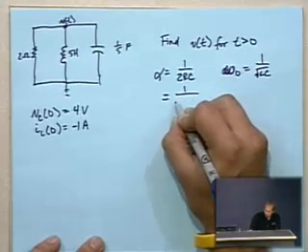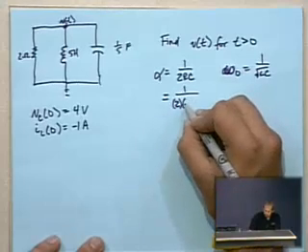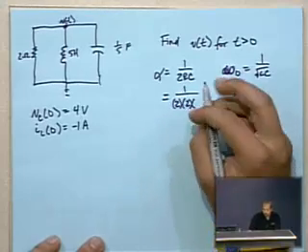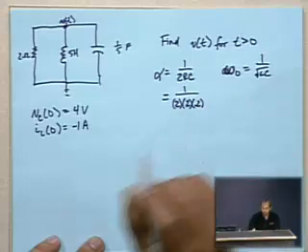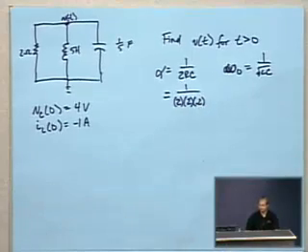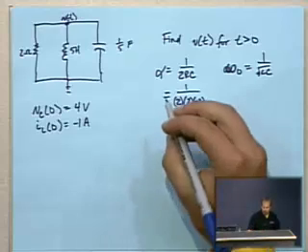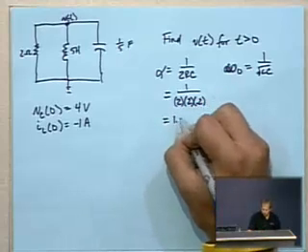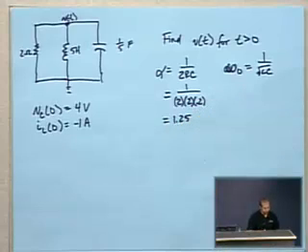So this is 1/2 times 2 times 0.2. So 2 times 0.2. Flip that. And we get that alpha equals 1.25.